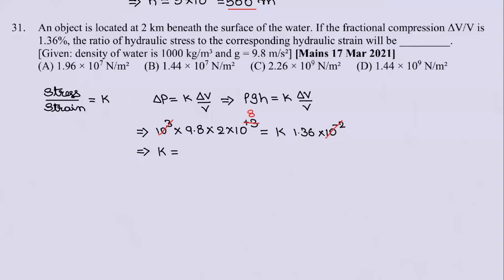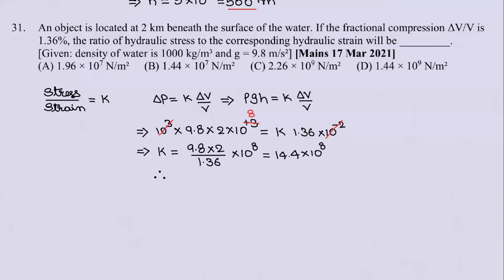Good. K is equal to 9.8 into 2 by 1.36 into 10 power 8. I need to find this value: 9.8 into 2 by 1.36 is 14.4, correct. 14.4 into 10 power 8.